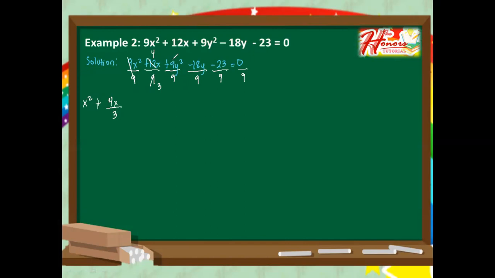Let's continue. 9 divided by 9 is 1, so cancel this out, and now we have here y squared. So plus y squared. And then we have negative 18y divided by 9. We can divide it directly.